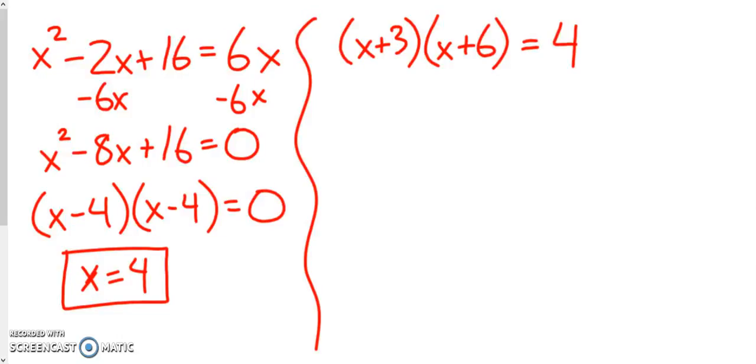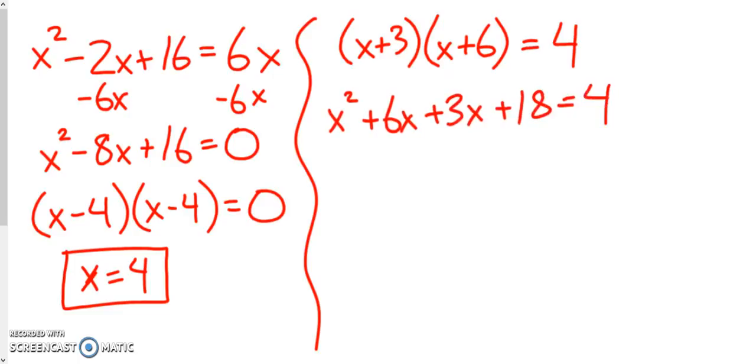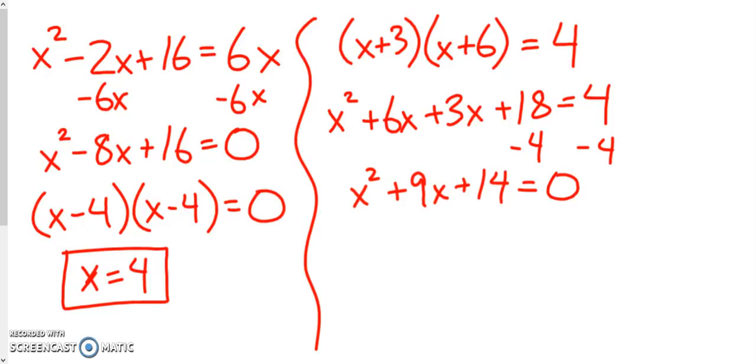If I FOIL this out, I get x squared plus 6x plus 3x plus 18 equals 4. I can subtract 4 from both sides and combine like terms. So I've got x squared, 6x and 3x is 9x, 18 minus 4 is 14, equals 0.